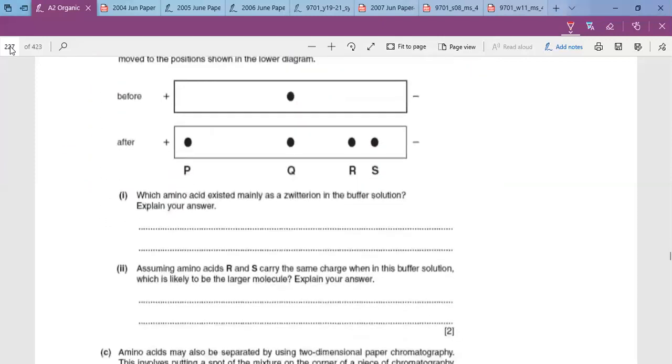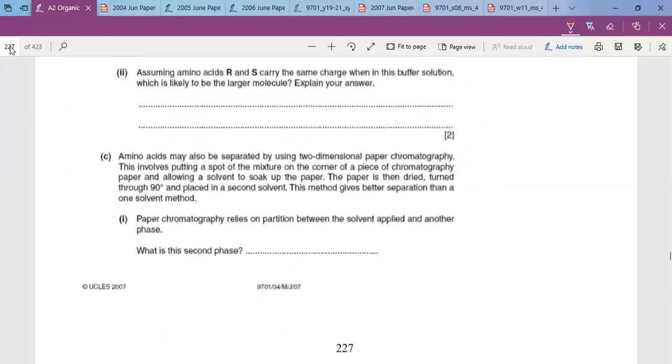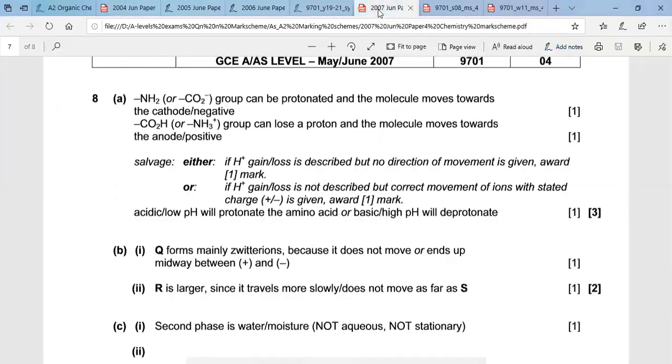Now let's look at how they actually question it. Is it 07 here? June. Okay, here we are. NH2 or COO minus, this will be protonated, that means positive, and they move to negative.